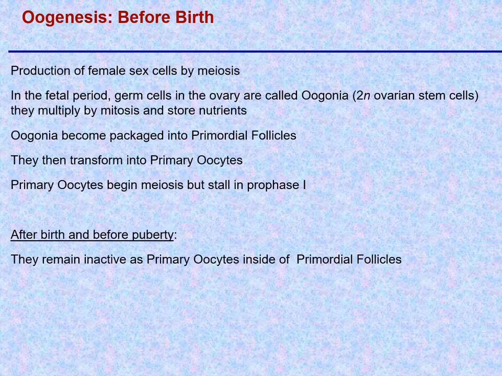However, it stalls in the early phase of that meiosis. And then the female child is born, the infant's born, and between birth and puberty, all of those primary oocytes, which are inside primordial follicles, are dormant.